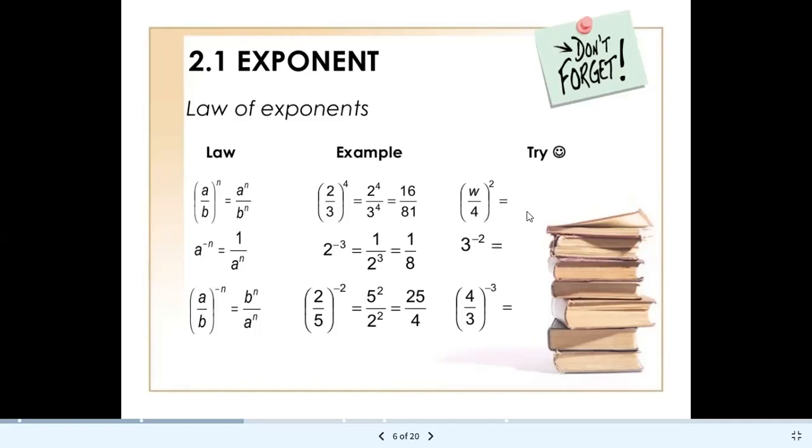Okay, so correct si Samantha. So it's 1/9. Yeah, correct din si Micaela, 1/9. Okay, so let's move on to another law.